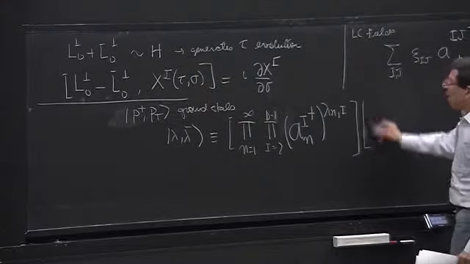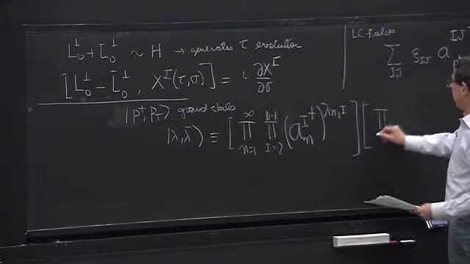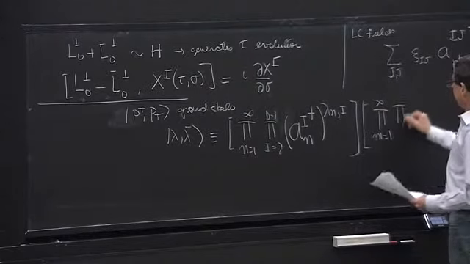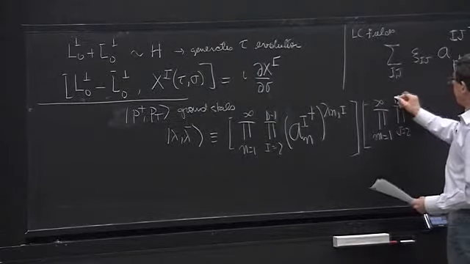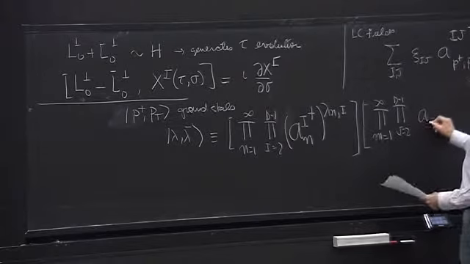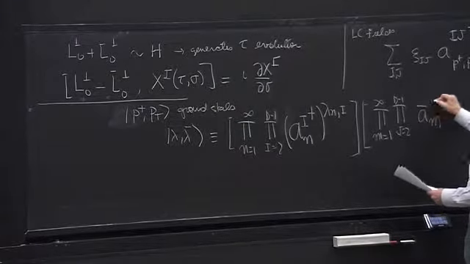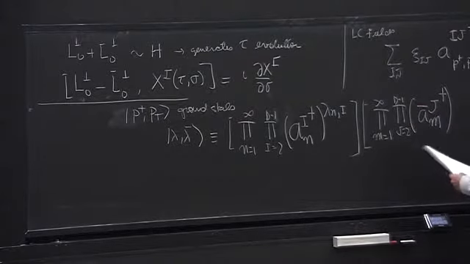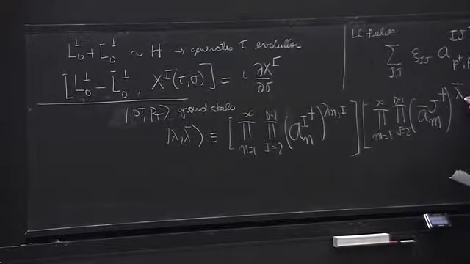Then for the bars, you have a totally analogous sum. m equals 1 to infinity, J equal 2 to d minus 1, a_m bar J dagger, to the lambda bar_mJ, close the parentheses, and then you put P plus, P transverse.